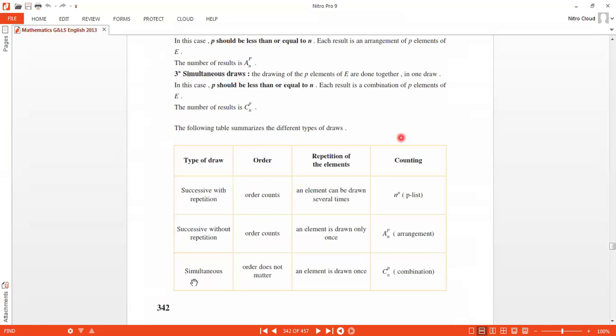So overall, when you see successive with repetition, the order counts, so it's n to the power p. You can use the element several times. Successive without repetition, you can use the element only once, so it's A p n. Simultaneously, the order doesn't matter, and an element is drawn once, it's combination.